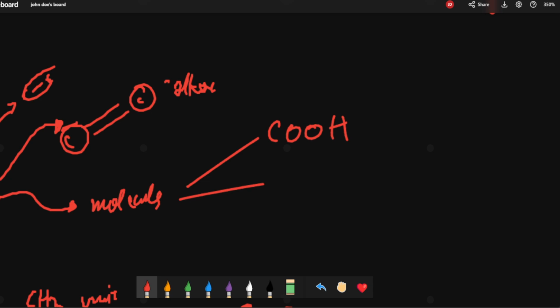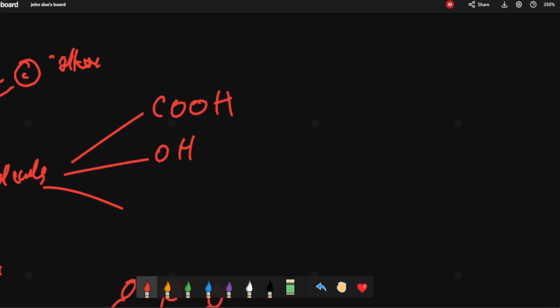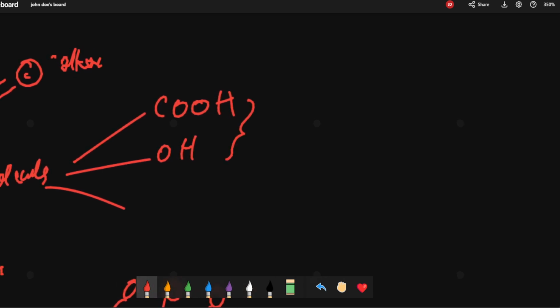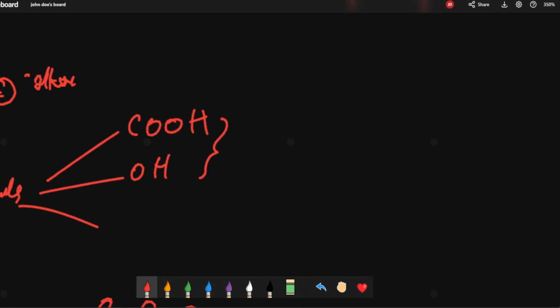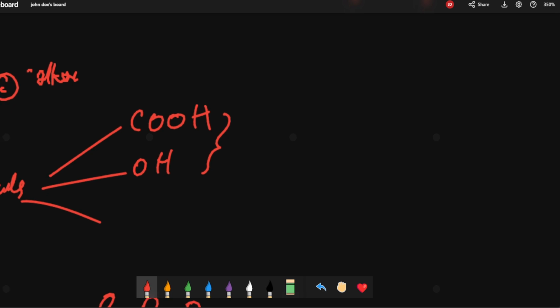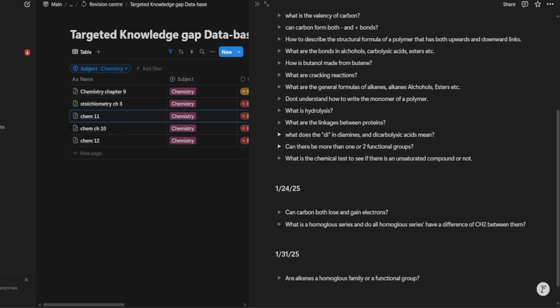That's carboxylic acid, we have an alcohol, and we have the mix of these two, which is an ester. I'm pretty sure COOH.